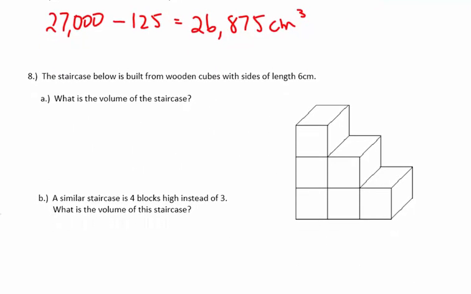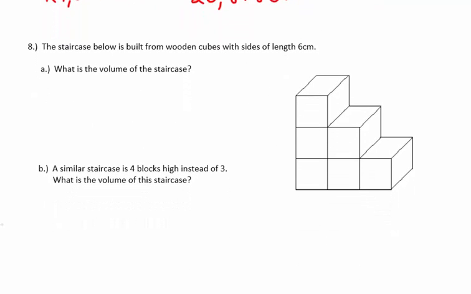The staircase below is built from wooden cubes with sides of length 6. So each one is 6, 6, and 6, even though it looks rectangular. It is a cube. So each one is 6. What is the volume of the staircase? You'll notice there's 1, 2, 3, 4, 5, 6 stairs, or 6 blocks really, that are used.